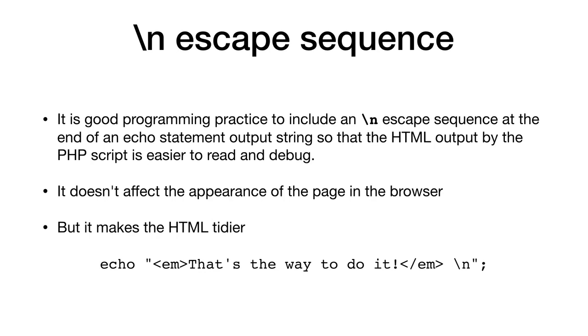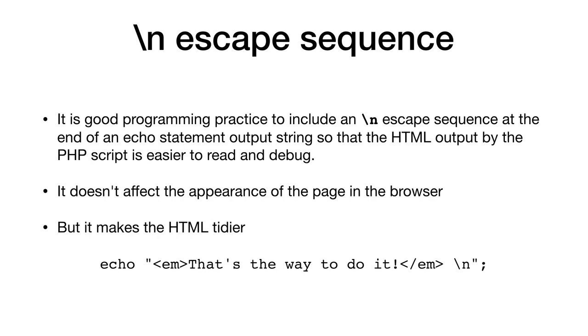Now, a very important point is that it doesn't actually affect how the HTML output is displayed in the browser, because a new line will make no difference to the browser. It'll just display the text as it comes along anyway. And putting a carriage return in HTML doesn't actually force the displayed line to go on to a new line.